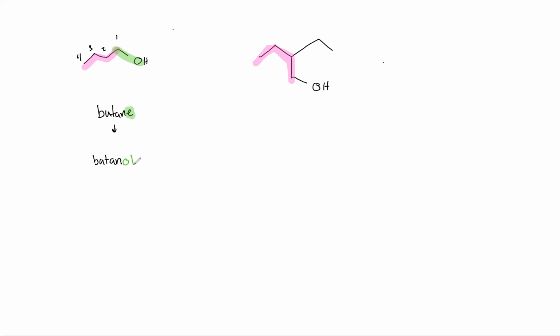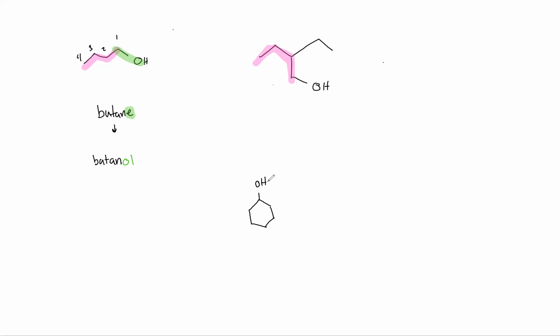We also have to designate where the alcohol is, where that OH group is. I know some of you may be saying, well, if it's on 1, we don't have to say 1-butanol, do we? Yes, when it's in this linear form, you have to tell us which carbon it is on. The only real time that you're going to drop that 1 is if we're in some sort of cyclic molecule like this.